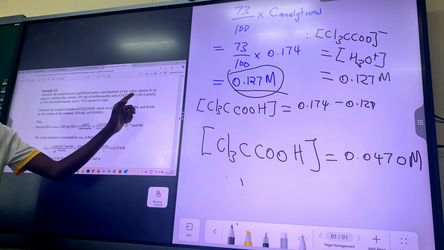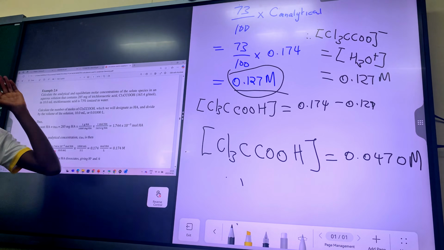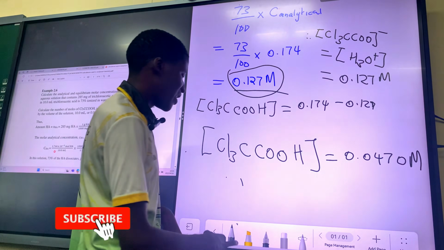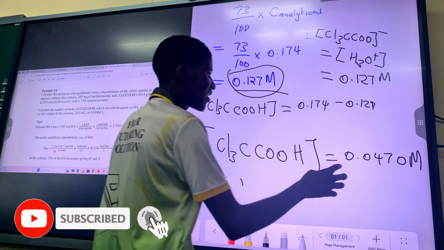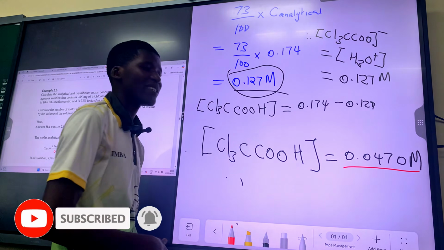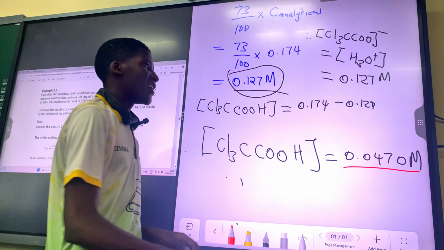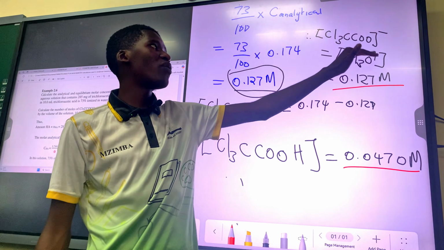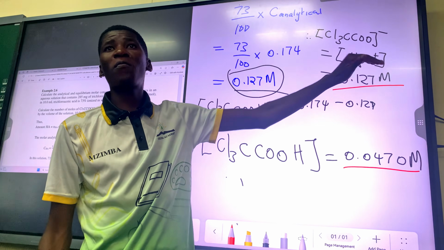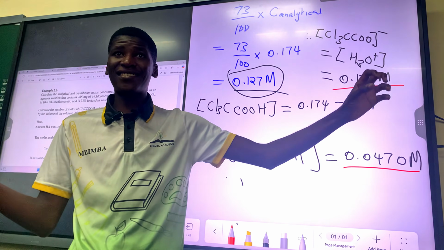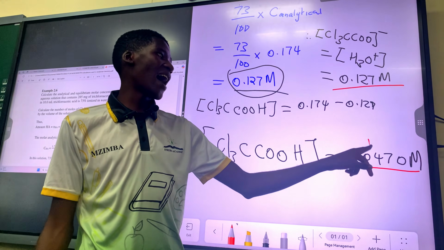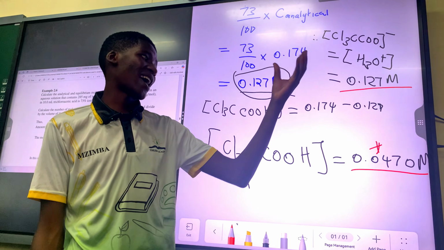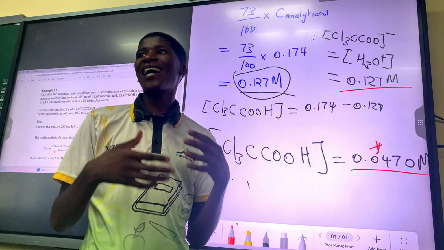Look at the other quantities besides the molar mass. So your answer is fine if it has 3 digits. In this case, this is 0.0470 molar. This is 0.127 molar, the equilibrium concentrations of the products formed when this separates. And then this is the molar concentration remaining after this has been ionized, because not all of it ionizes.